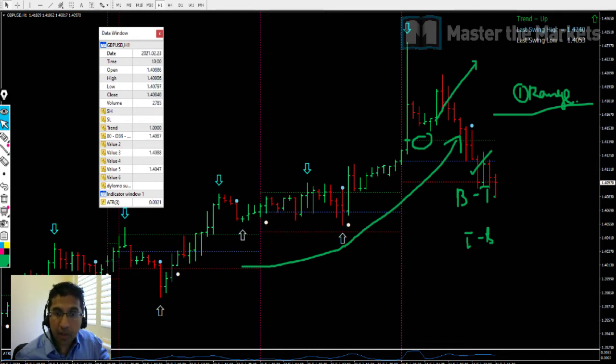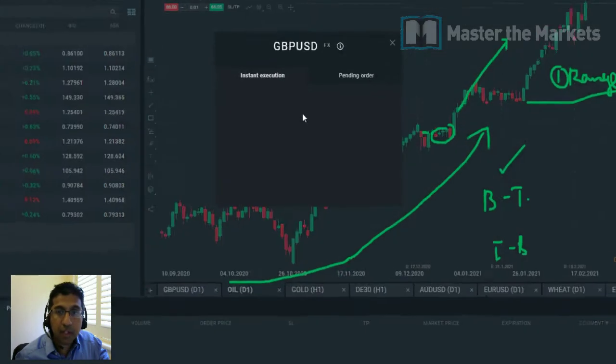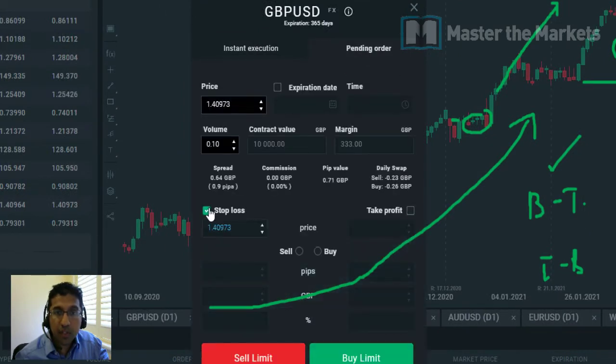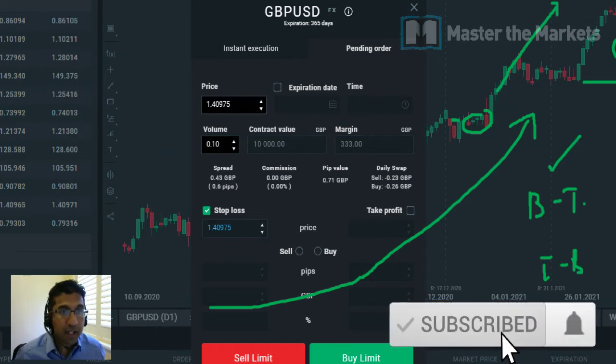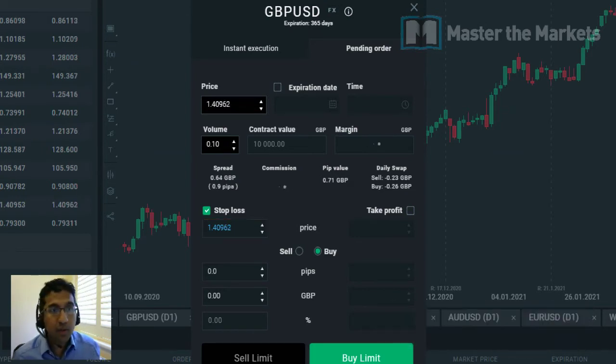Now, on the XStation platform over here, if you were to put that target in, it would look something like this. And the good thing about this is that it would tell you exactly how much you are risking and what monetary amount of size you're risking as well. So for example, if I'm looking at a buy position here on cable, it's at 4096.